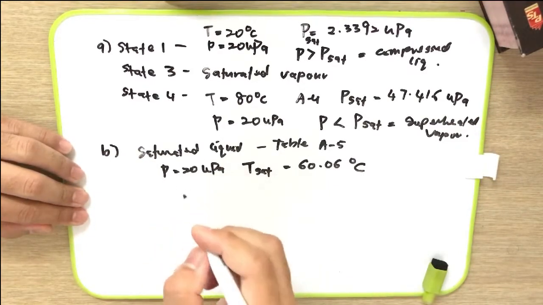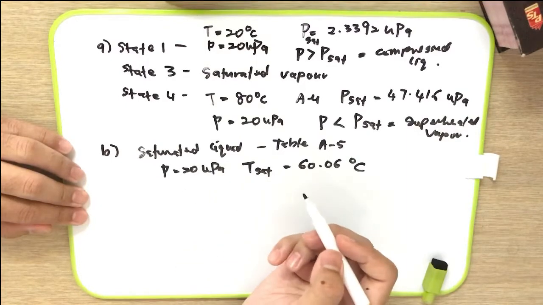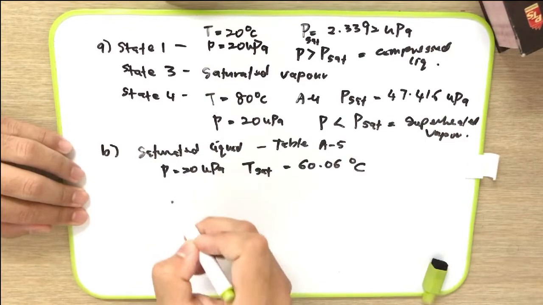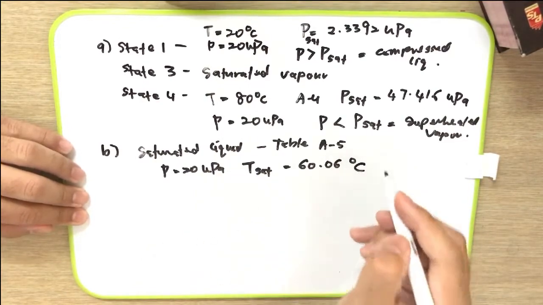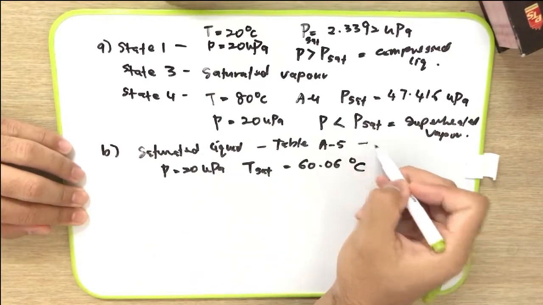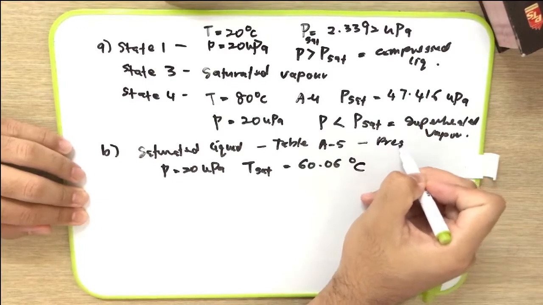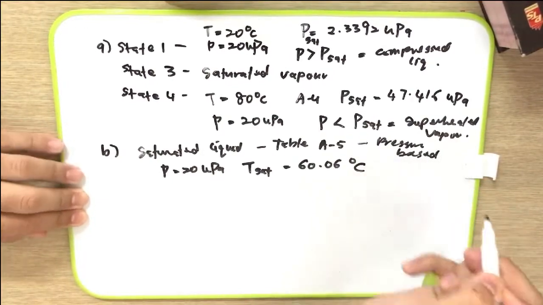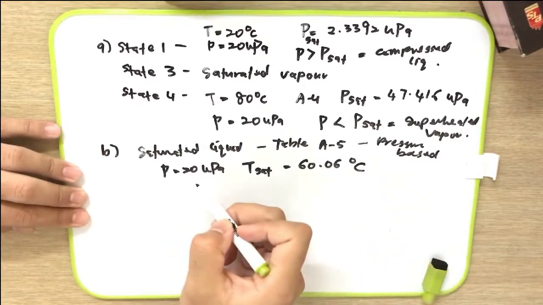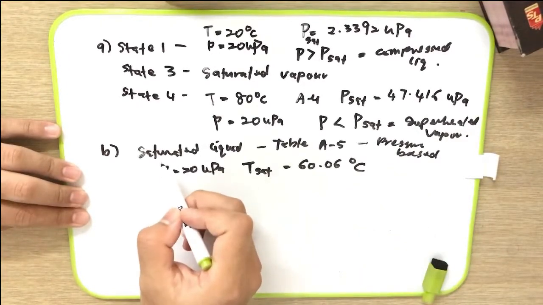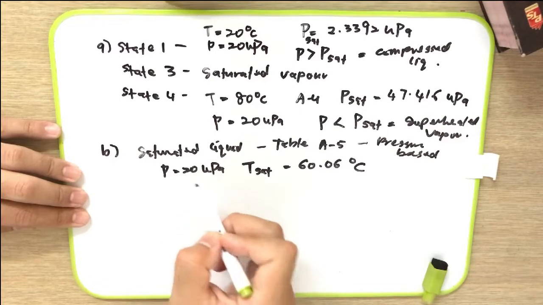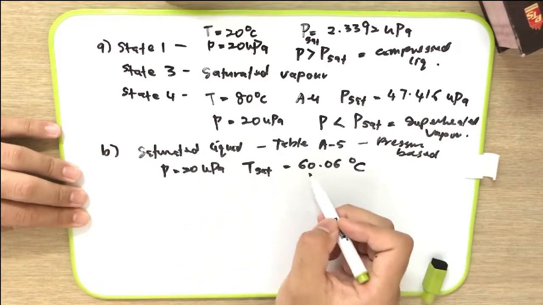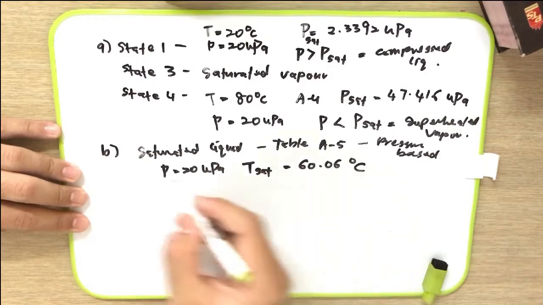And because we are going to refer to the saturated table and we have pressure, we refer to table A5 because table A5 is pressure based. So from P 20 kilopascal, we know it is already saturated, so we just take the T saturated as the temperature at state 2, which is 60.06 degrees C.